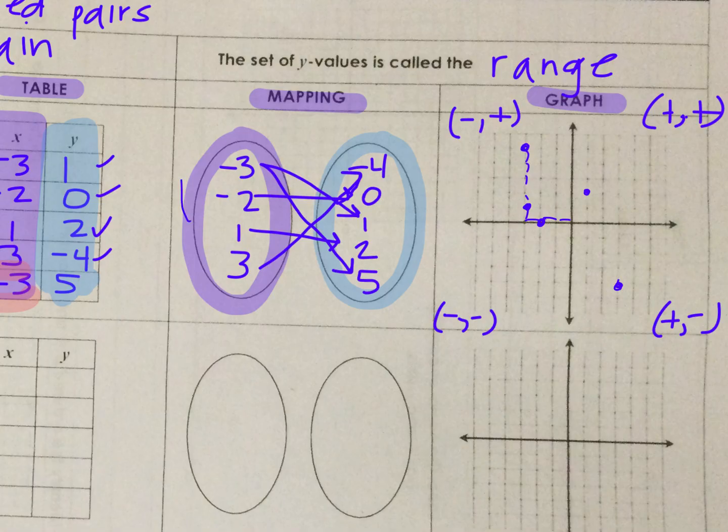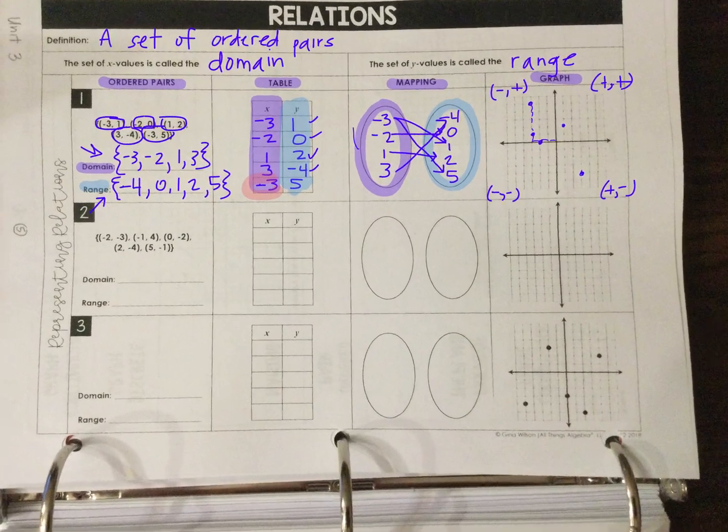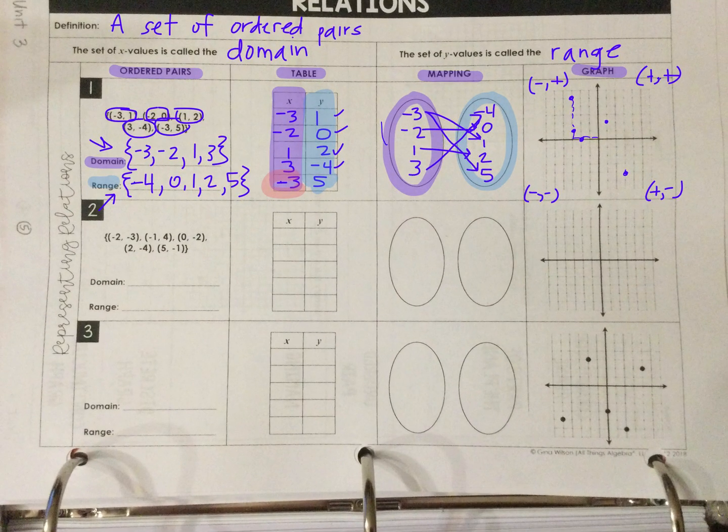So now what I need you to do is you will do number 2, just like we did number 1, and you'll also do number 3. When you do number 3, it starts with the points, so you're going to have to figure out the dimensions. 1, 2, 3, 4, 5, so that's a -5. 1, 2, 3, 4, -4.